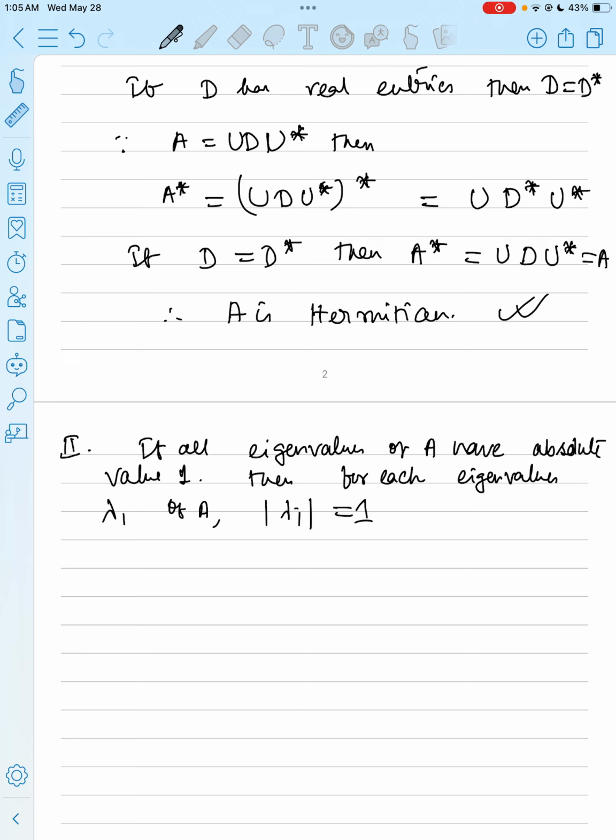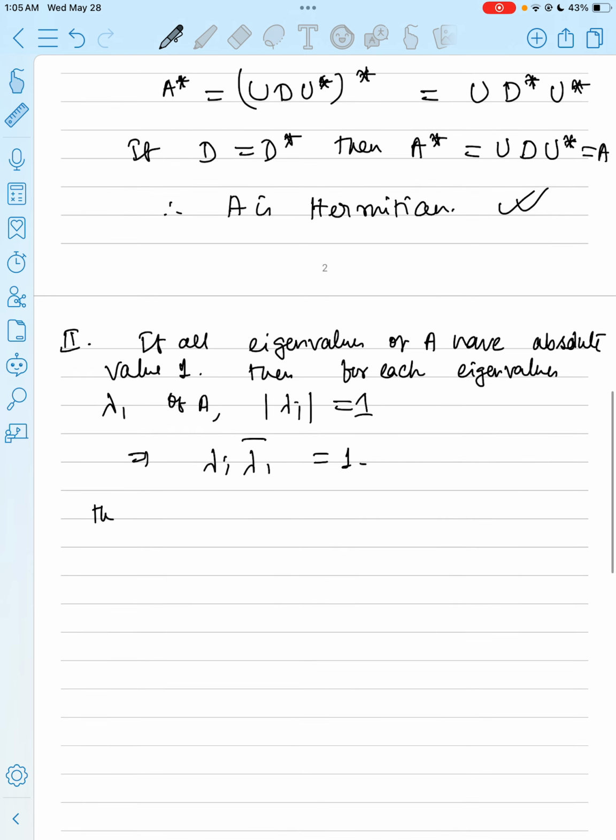The diagonal matrix D has entries lambda i.